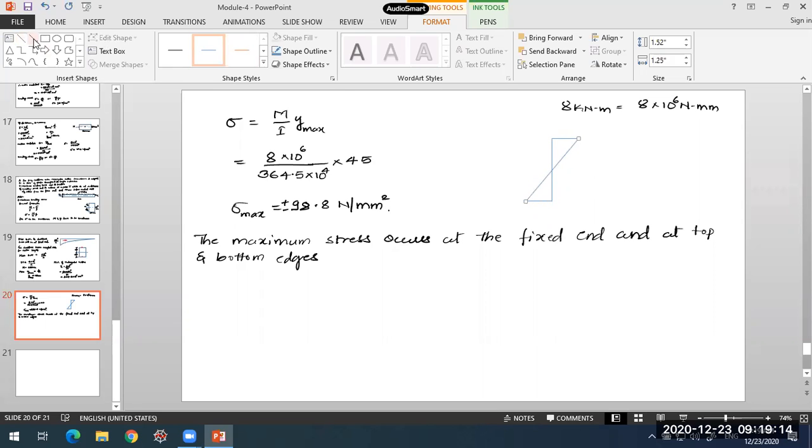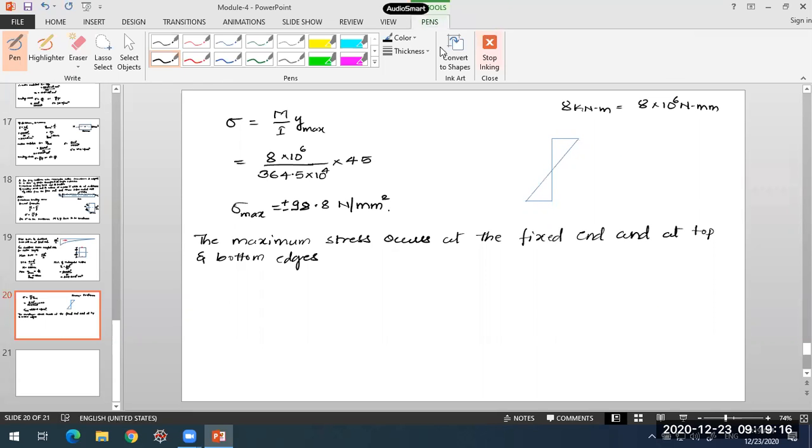This is 98.8 positive, negative 98.8. These are the stresses you find on one face: above the neutral axis tension, below the neutral axis compression. This occurs in case of hogging moment.